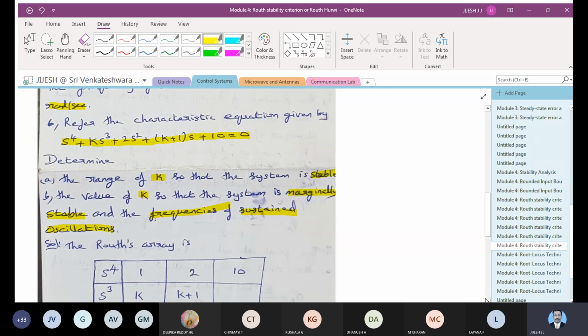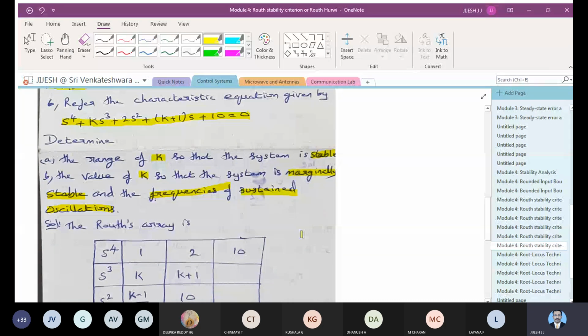So we have to find out k. We have written the coefficients 1, k, then 2, k plus 1, and 10. You can simplify it. k into 2 minus 1 into (k plus 1) divided by k, so you'll get (k minus 1) divided by k as the first term.